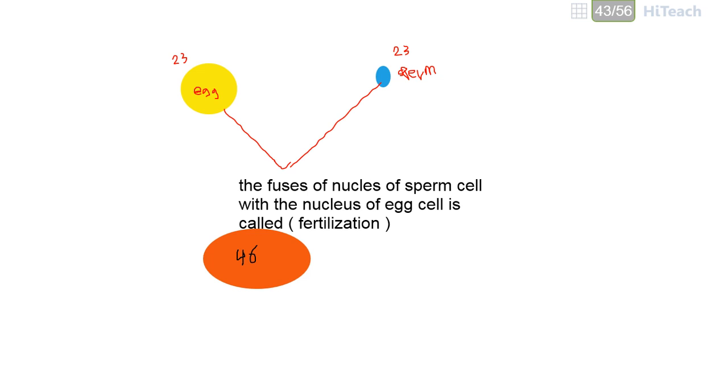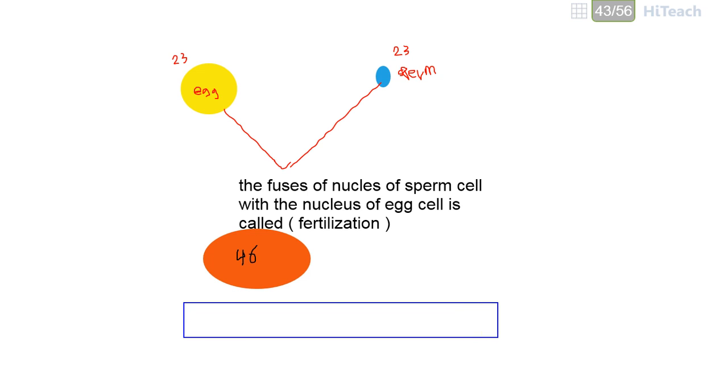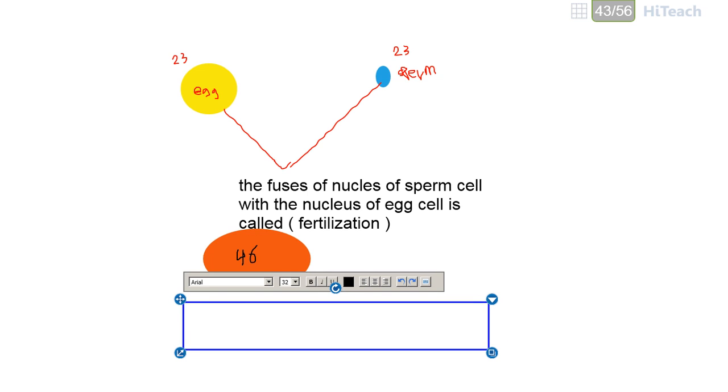Why do sex cells have the half number of chromosomes? To give the correct number of chromosomes for the offspring. So the cell formed from the combination of the egg cell and the sperm cell is called what? Zygote. What is it?